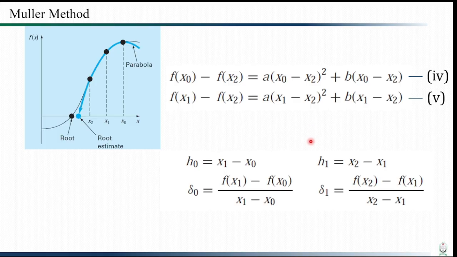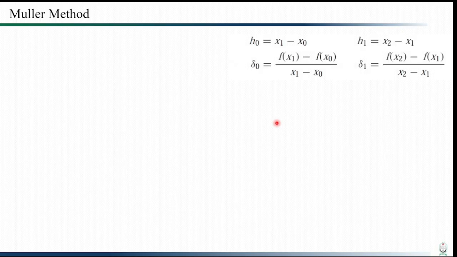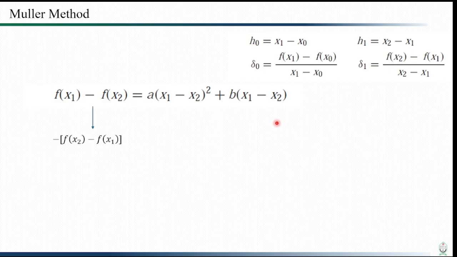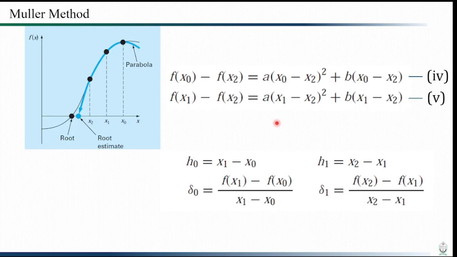Using these things, we will try to reach a point where we can extract the value of a and b, so that we can establish the equation of the parabola. So these are the known quantities at our hand, and this is equation 4 to begin with.